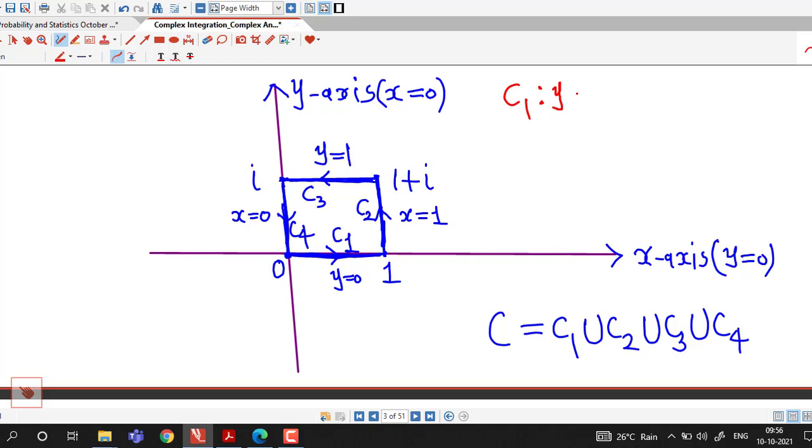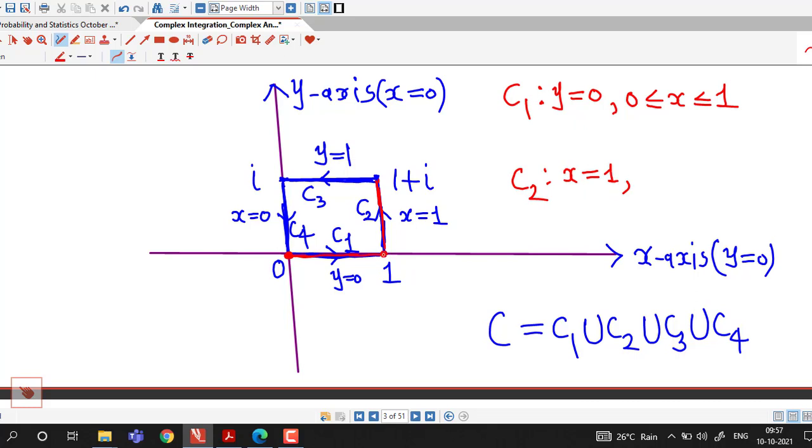The representation of C1 is y equal to 0, and we can see along C1 y is constant and x is changing. So x is changing from x equal to 0 to x equal to 1. So here we write that x lies between 0 and 1. Similarly, along C2, if we observe this line segment, then along it x is constant and y is changing.